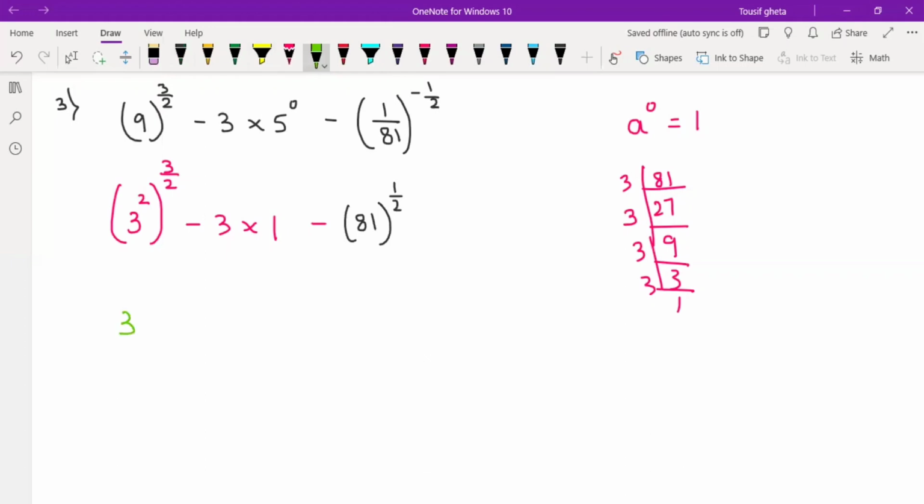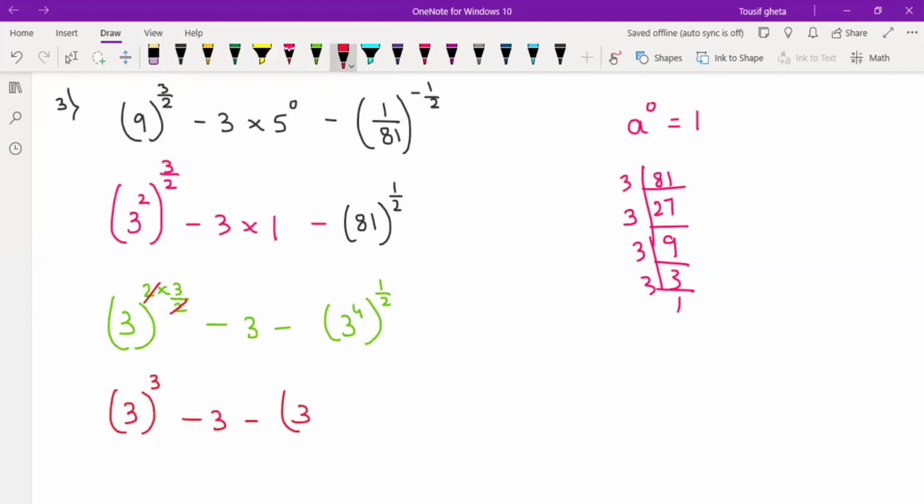So 3 to the power of, we are going to multiply our powers, that is 2 into 3 by 2, minus 3 ones are 3, minus, in the place of 81, we write 3 to the power of 4 whole to the power of 1 by 2 remains as it is. So 3 to the power of, the 2 gets cancelled, 3 minus 3 minus 3 to the power of 4 into 1 by 2.